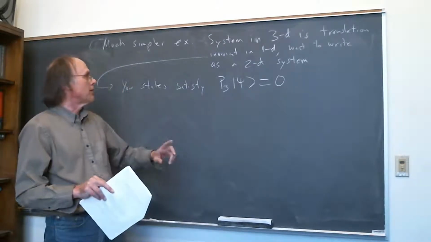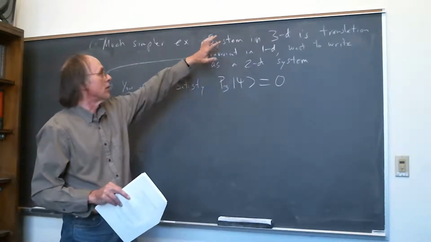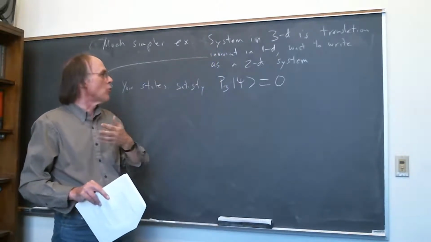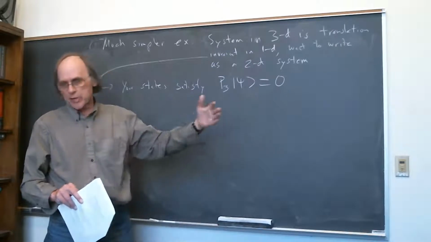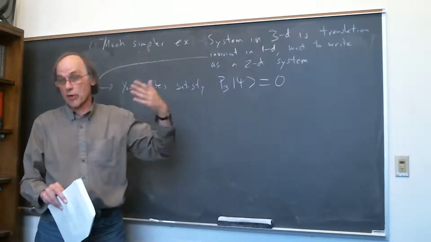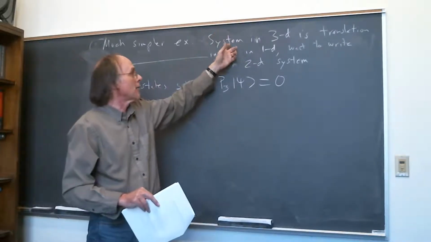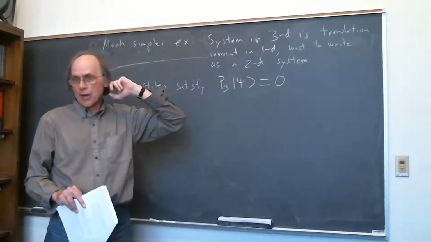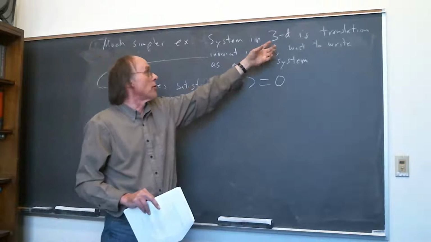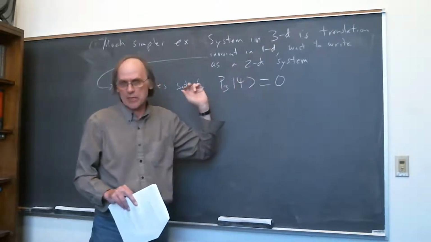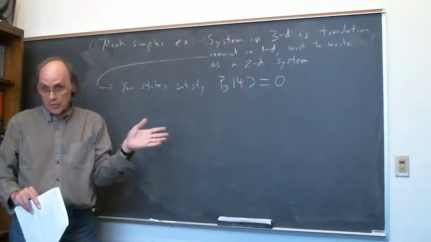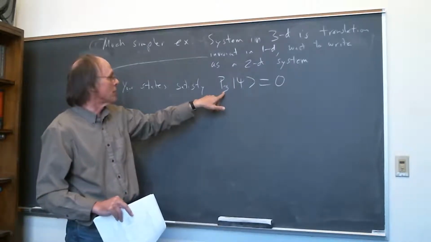But let's think about something much simpler. Let's think about a system with just a one-dimensional group of transformations acting on it, just translations, and we want to pick out the invariant piece of the full 3D state space. We want to pick out the space which is invariant in one direction.